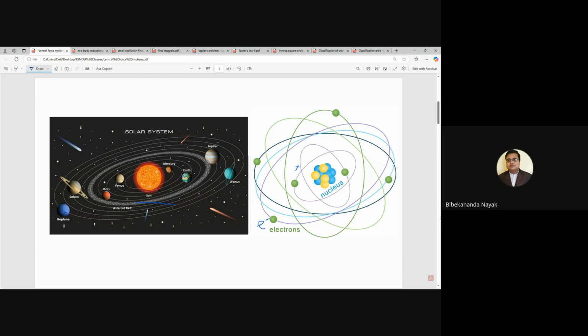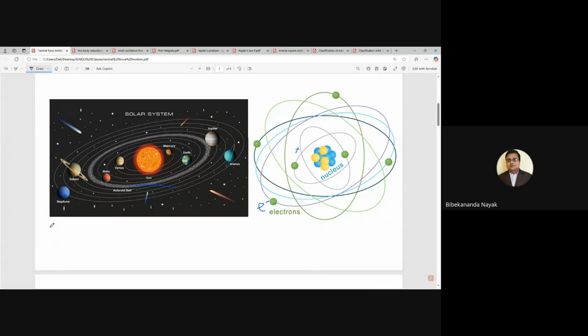But if you see both types of forces, gravitational force is proportional to 1 by r square. Exactly, gravitational force is G m1 m2 by r square. Here m1 is the mass of the first body, let's say Earth, and m2 is the mass of the Sun.